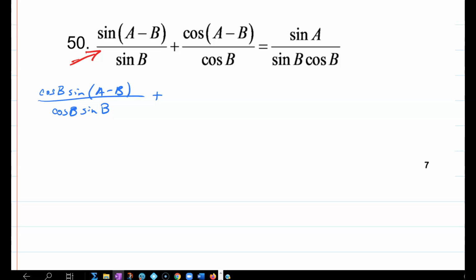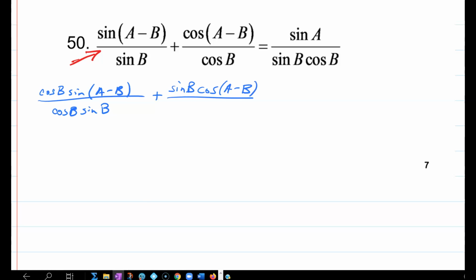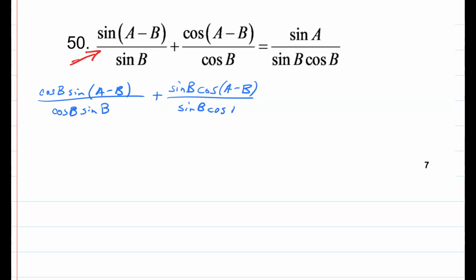And then we'll add to it the sine of b times cosine of a minus b, over sine of b cosine of b. There's our common denominator.